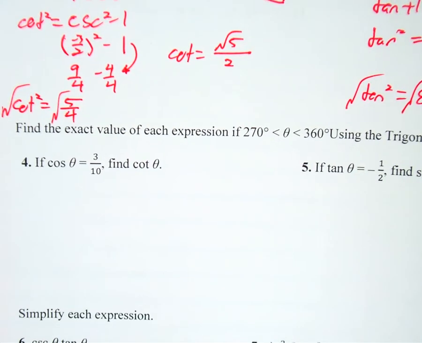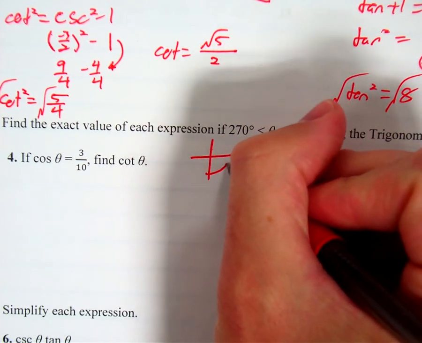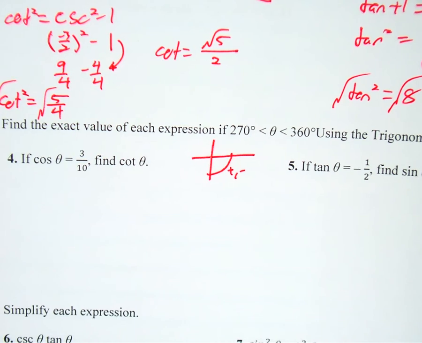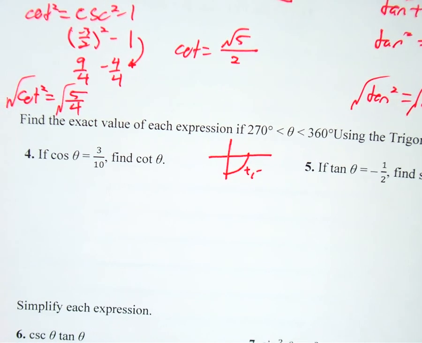One more of these type problems, one more section. 270 to 360, that's quadrant 4. So we're positive for cosine, negative for sine. If cosine equals 3/10, find cotangent. Lots of opportunities here, okay?